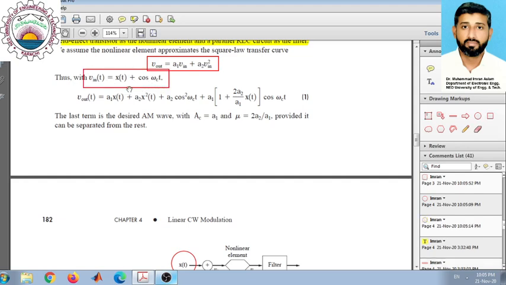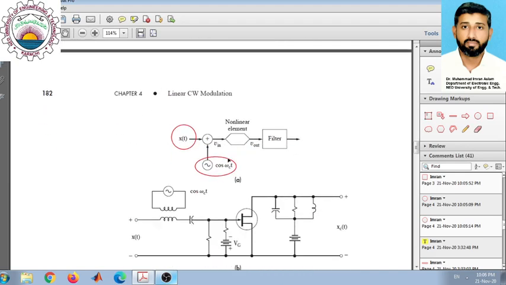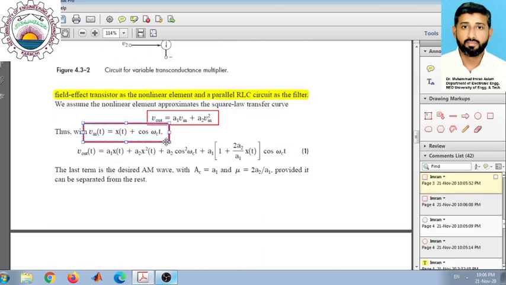So this is the sum of the message signal and the carrier wave, and then we pass this input voltage through this non-linear element to get the output. Mathematically, you can simply substitute x(t) plus cos omega ct.